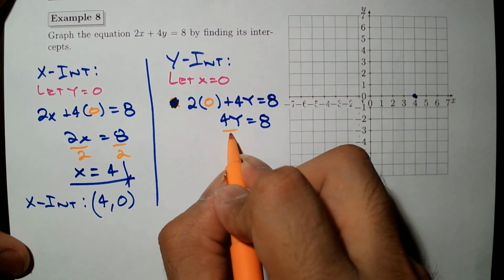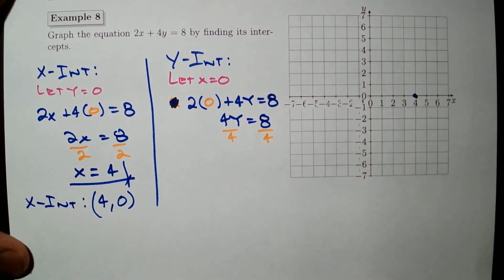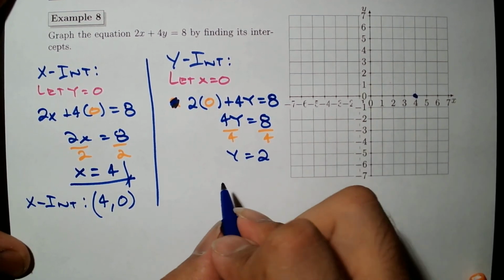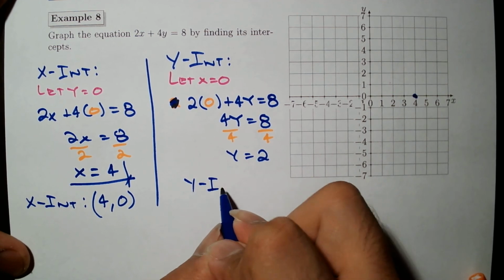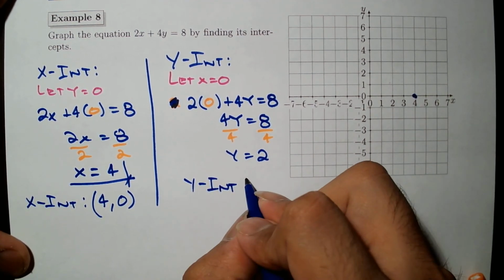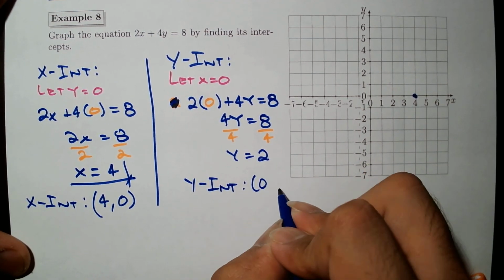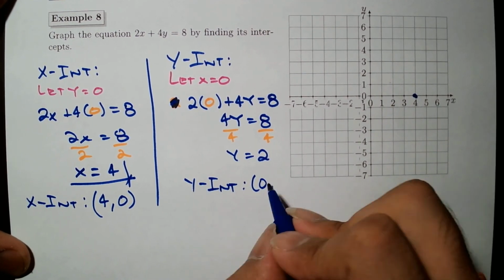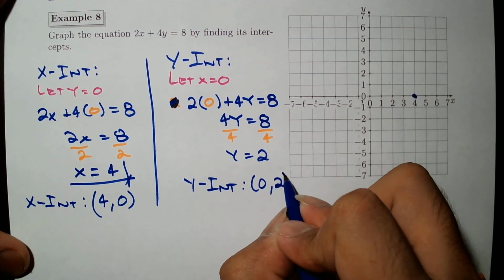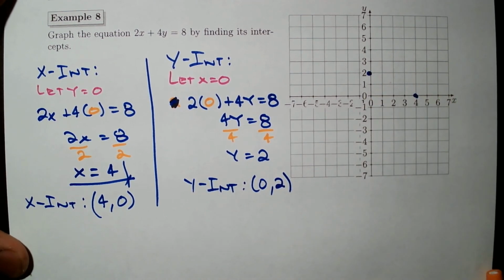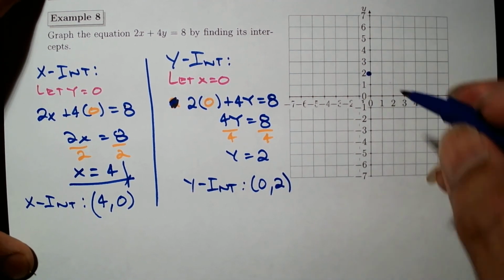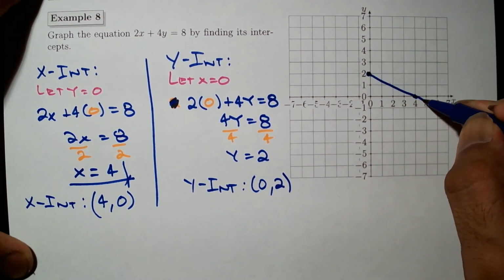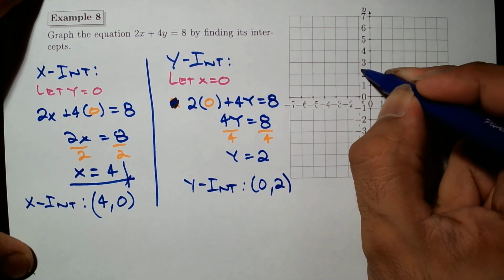Then we divide both sides by 4 to get y equals 2. So the y-intercept here will be 0, which is x, and y equals 2. We have those 2 points, and we just connect them using a straight line.